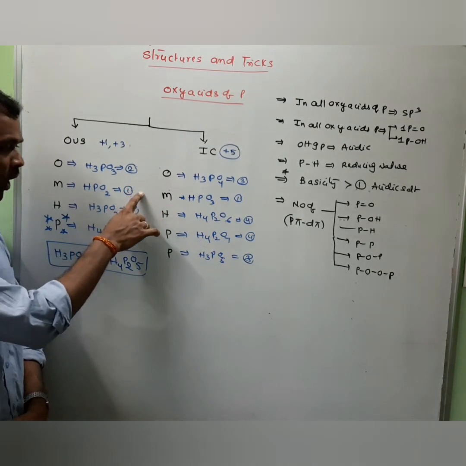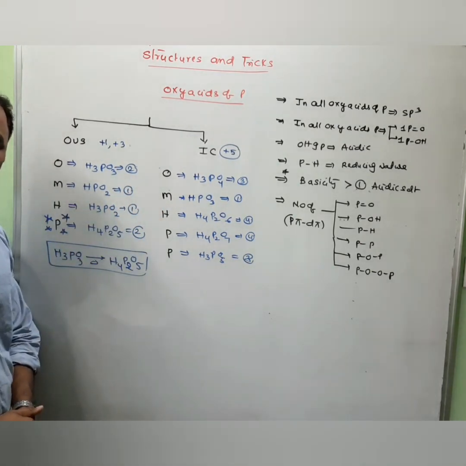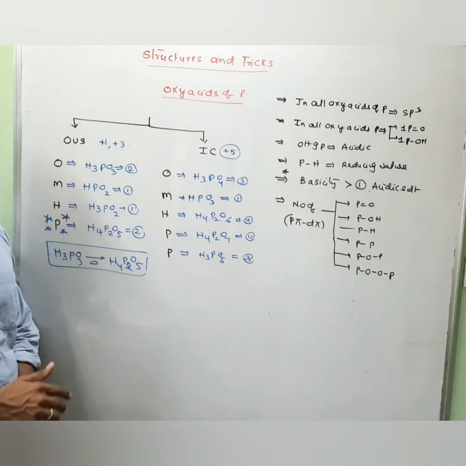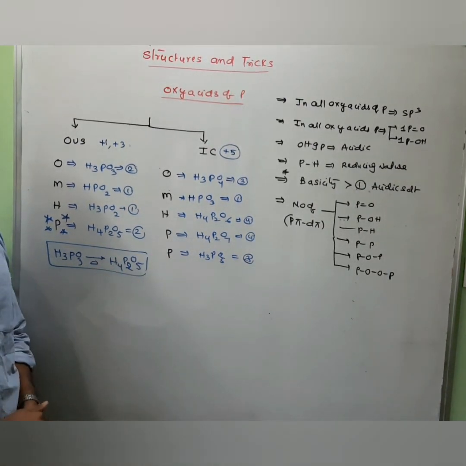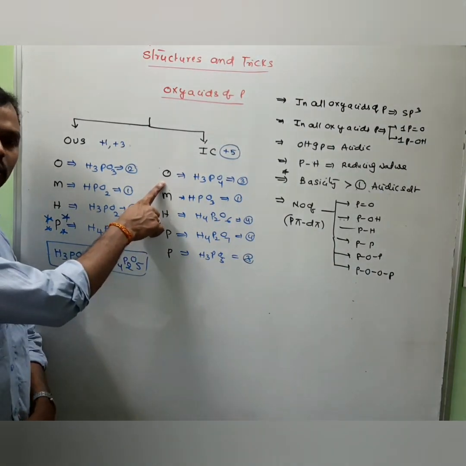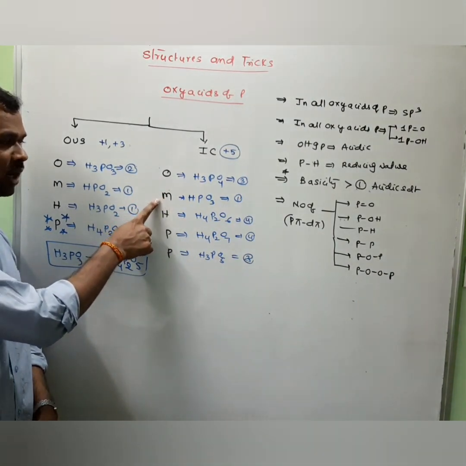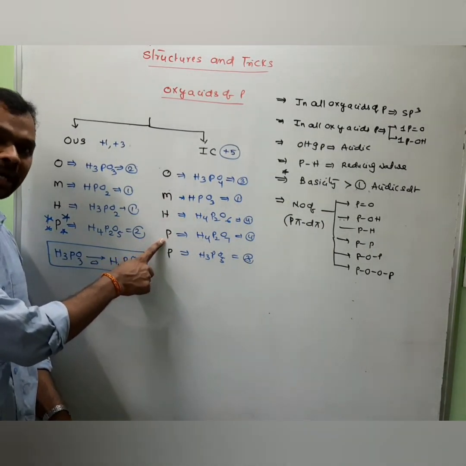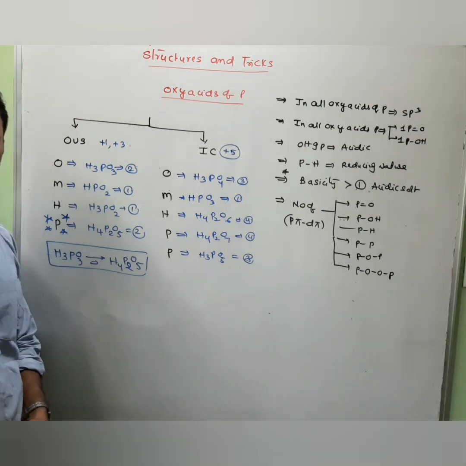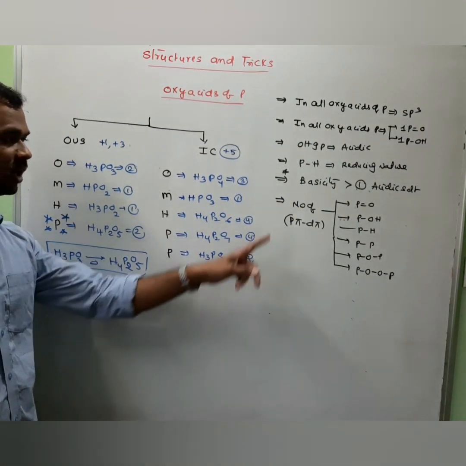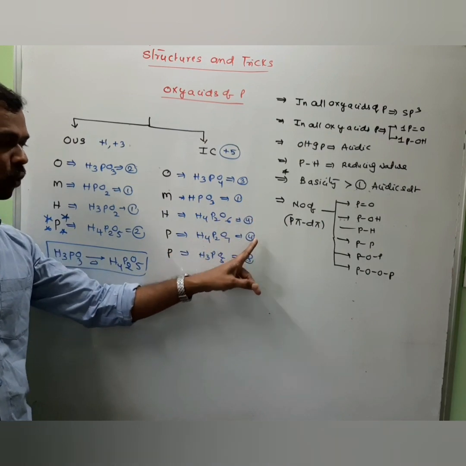Basicity is 2112, that is the number of ionizable H+ ions. Whereas the -ic acids: OMHPP, orthophosphoric acid, metaphosphoric acid, hypophosphoric acid, pyrophosphoric acid, peroxyphosphoric acid. Basicity will be 31443.